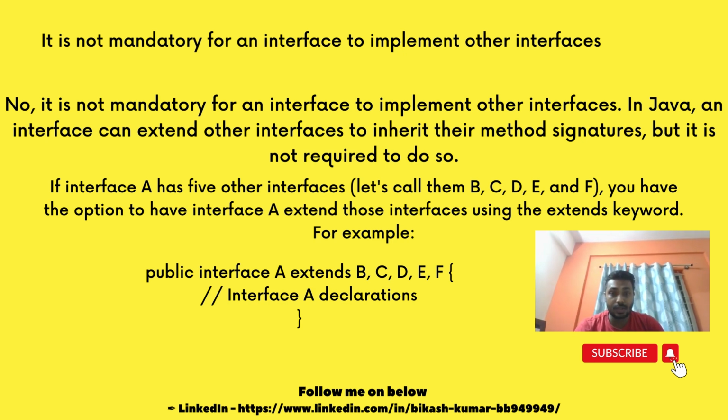Let's call them B, C, D, E, F, and you have the option to make interface A extend those interfaces using the extends keyword. For example, you can see public interface A extends B, C, D, E, F, and then there's a method signature. So like this, it can happen.